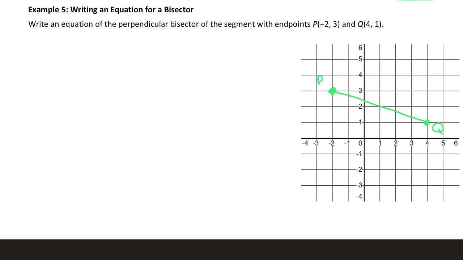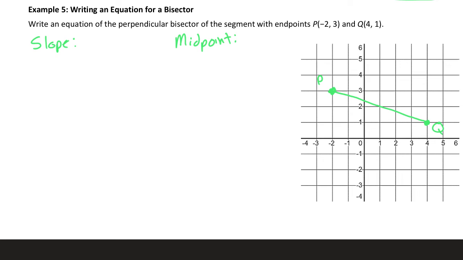So a perpendicular bisector of the segment. We need two things here. We need the slope of the segment, and we need the midpoint. Those are two things that are kind of review, pulling back in our memory banks for this.